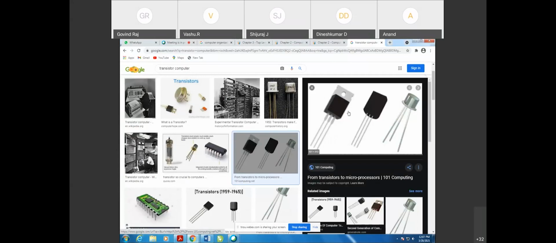Comparing to the vacuum tubes, a vacuum tube is an electrical component, and this is an electronic component. So it reduces the space. It tremendously reduced the space that the vacuum tube occupied. This was introduced in 1959 and it was in the field till 1965. That is the second generation computer.